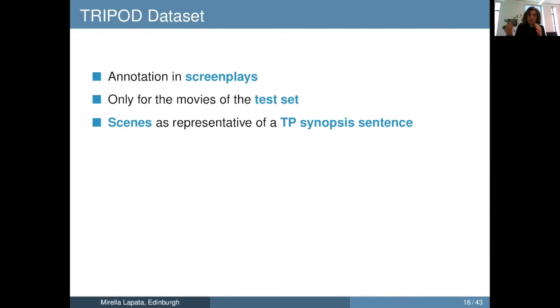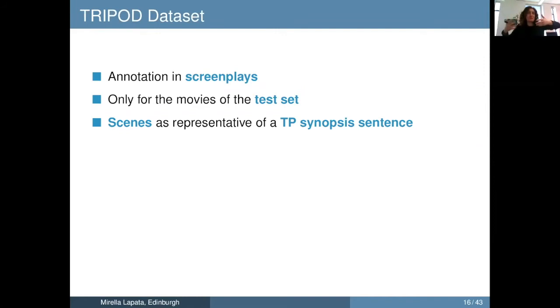So we have this sentence annotation, and we're going to ask people, and the models later on, to take these sentences that represent a turning point and find the scenes in the screenplay that correspond to them. You can already think of this as an IR type of thing, where I have the sentences and I'm trying to find the scenes, which are big blocks, and every screenplay is segmented into these scenes.